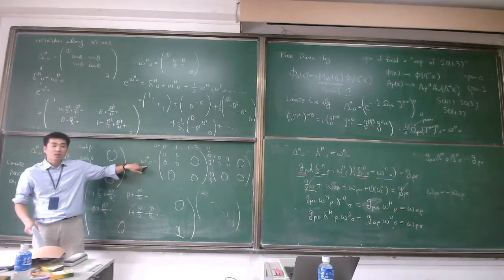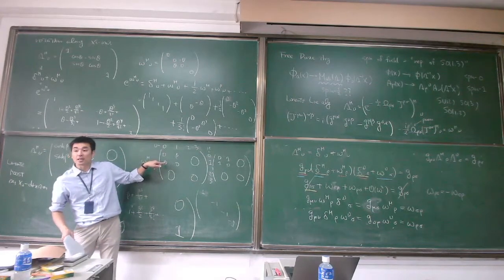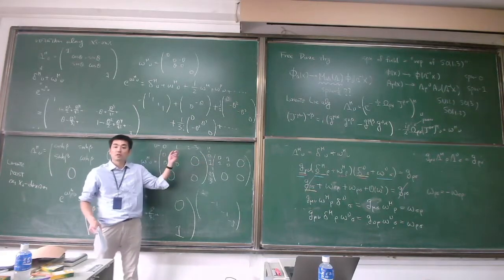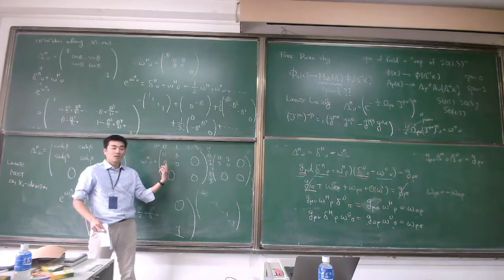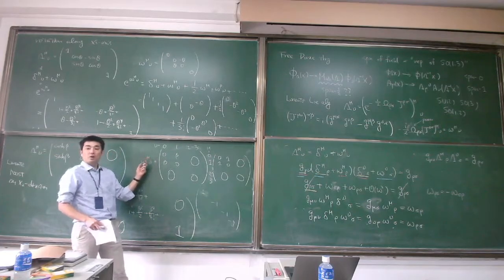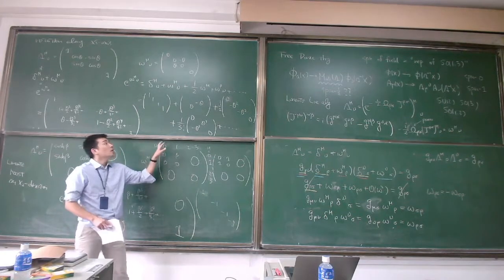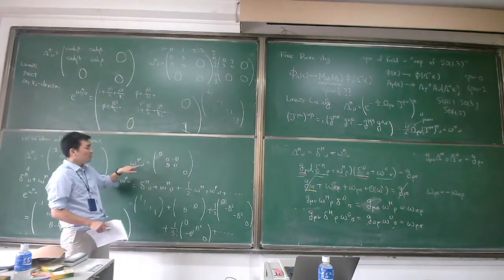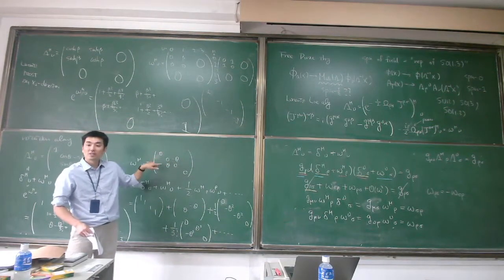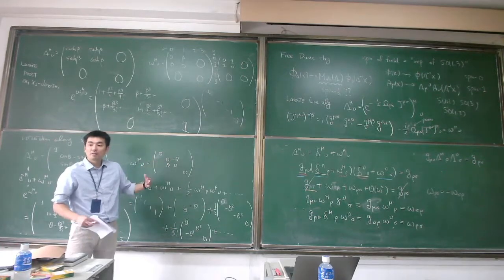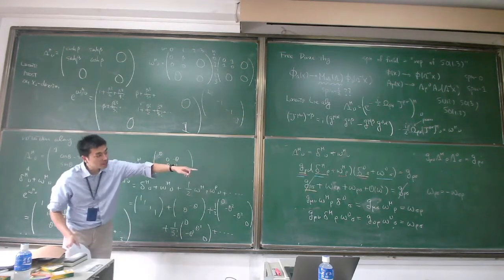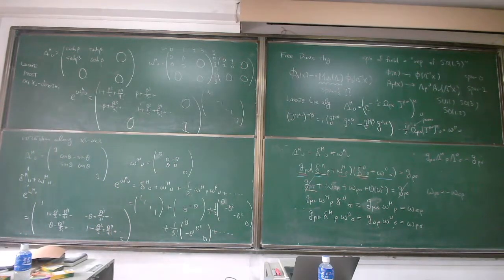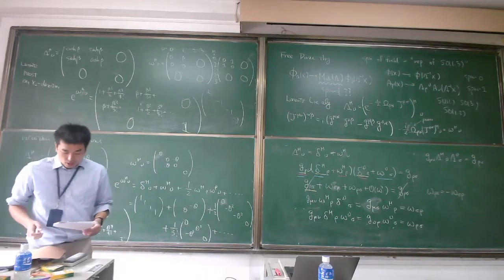So this component gets the minus sign. On the other hand, here mu is equal to 0, so it's a plus sign. So if you bring this index lower, it becomes anti-symmetric. But here, in this case, both mu and nu are spatial, so it's not affected, and this anti-symmetry condition will be satisfied. Do you agree? Yes. Okay.